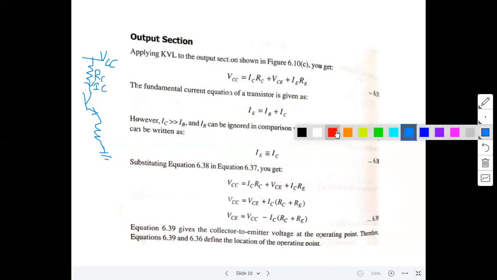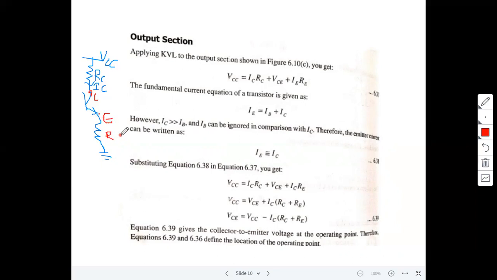This is the collector and this is the emitter. Here is the emitter resistor RE, and the current flowing through it is IE. Now apply KVL to this loop: VCC is equal to IC RC plus VCE plus IE RE.